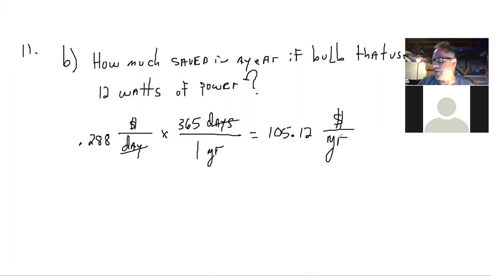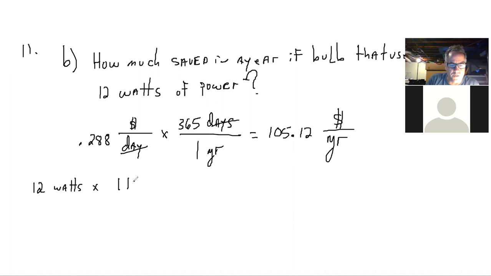$105.12. Now, to figure out the savings, I'm going to basically do all the same calculations, except I won't have 120 watts. I will have just 12 watts. But I've got to convert it to kilowatt hours.